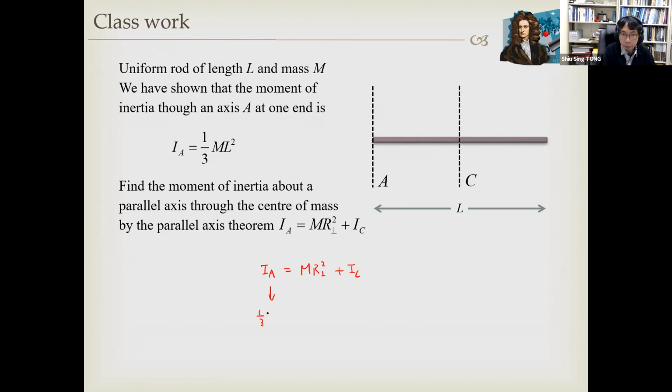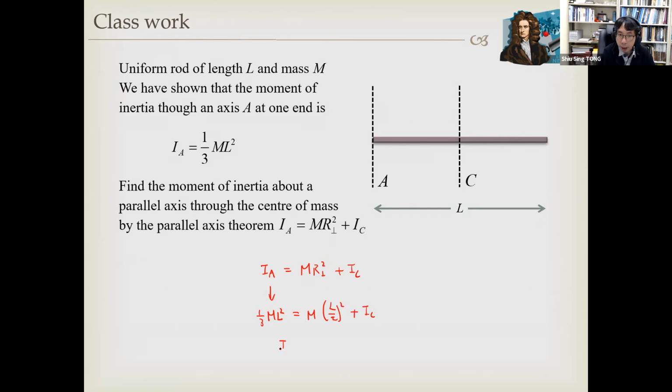IA is 1/3 of ml square. Is that right? And m is what? The mass of the rod, and the perpendicular distance between the axes, r perpendicular, is what? It's L/2. Is that right? It's L/2. So we have (L/2) squared here, plus IC.